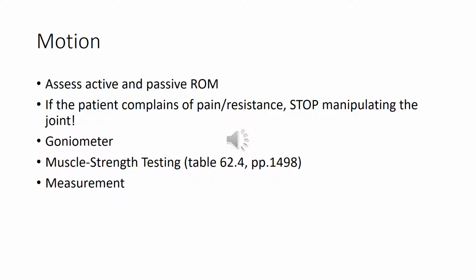Also, there's a muscle strength test. Picture of that is on table 62-4 or page 1498 of your book. And this just grades what their muscle strength is. So a normal muscle strength is a 5 bilaterally, and that just means with full resistance to opposition.